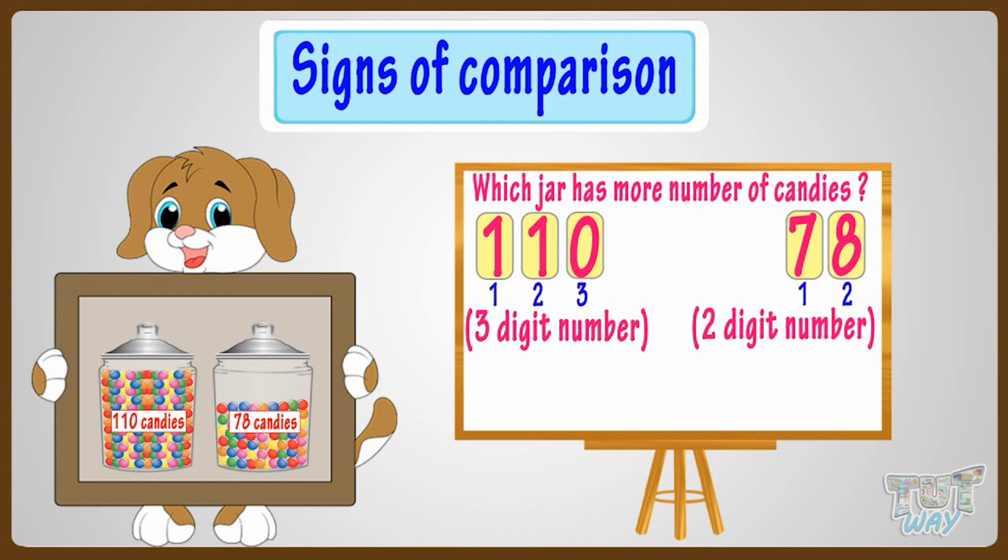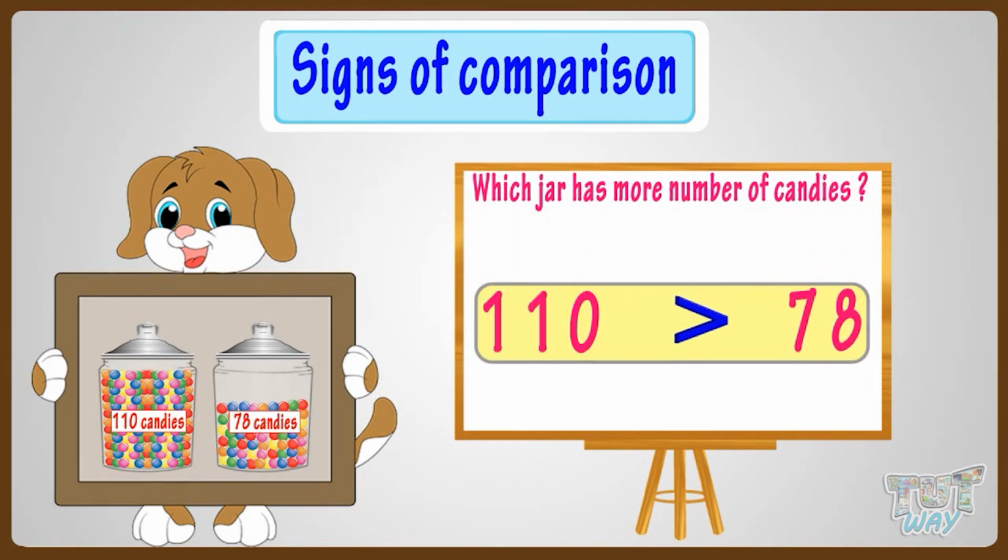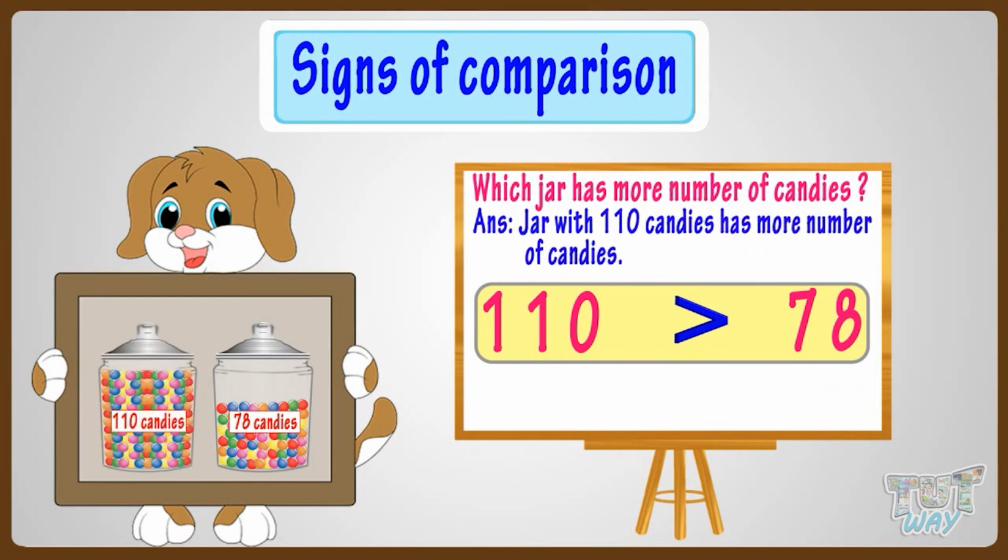Hence, 110 is bigger than 78. We represent it like this. Good. So, jar with 110 candies has more number of candies.